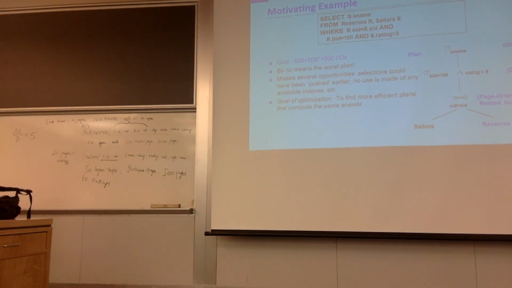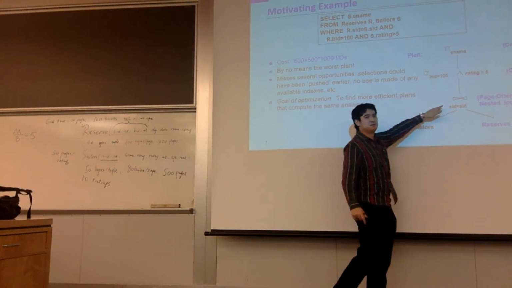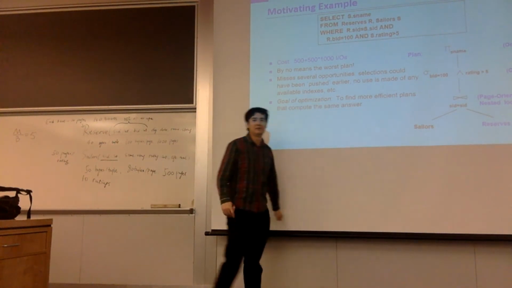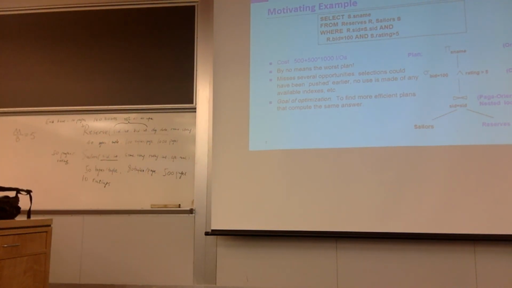Let's go with the simplest plan we might come up with. It's a naive plan, in the same order as we've shown before, and it uses the simplest join operator you could use, page-oriented nested loop. So what would the cost be?